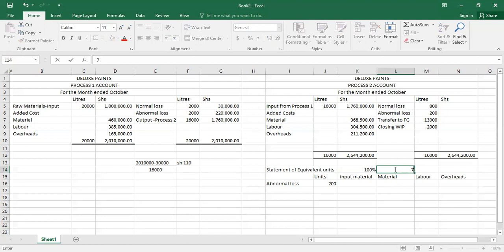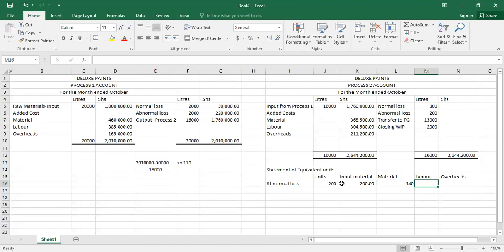Because we have different percentages, 100% of 200 is 200. Material is 70%. 70% of 200 is 140.